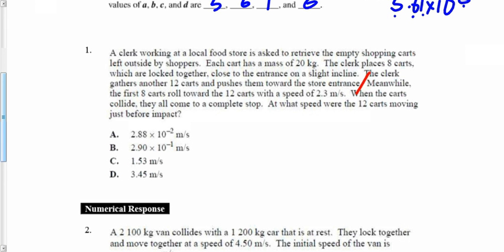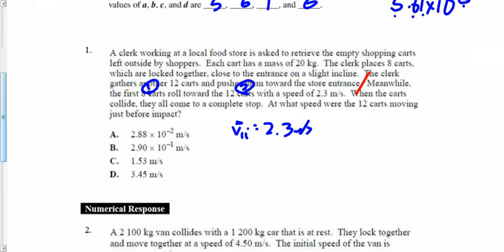Here's what I want to do. There are 2 masses here, right? There's the 8-cart group of shopping carts, and then there's the 12-cart one. So I'm going to make it M1, and I'm going to make it M2. We don't really know what that mass is, do we? We don't know what the value of the shopping cart mass is. That's okay. We're going to say V1I is 2.3 meters per second.